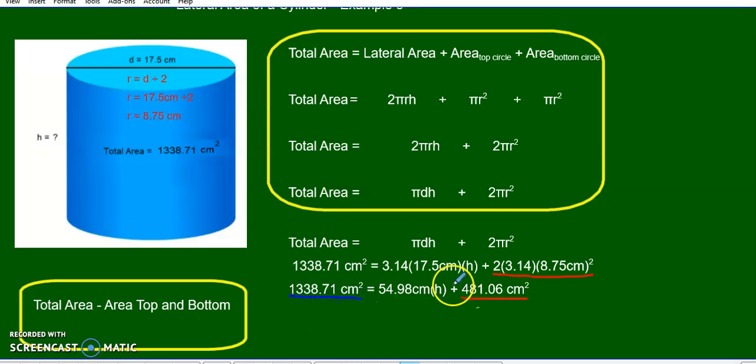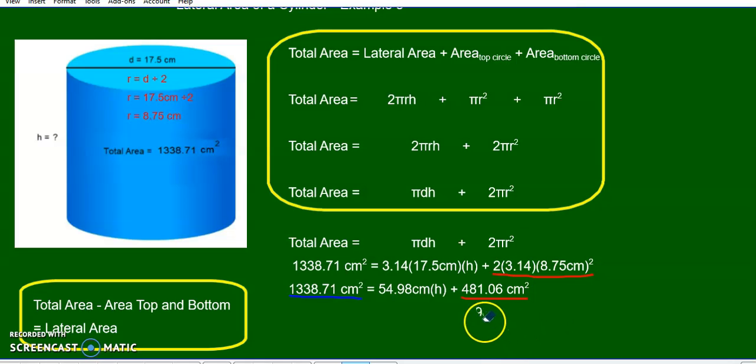Now think about it. This here is the lateral area. So if I have the total area of the whole thing, and I remove the two circles, what will be left? It will be the lateral area. So the total area minus the area at the top and the bottom will be the lateral area.